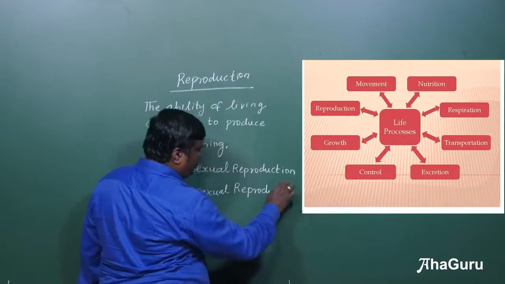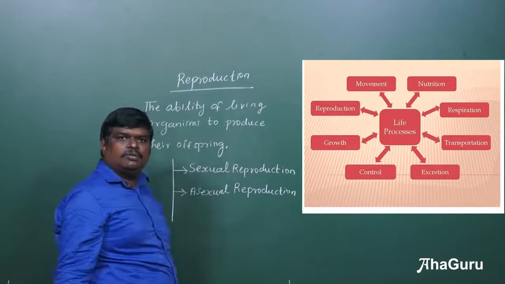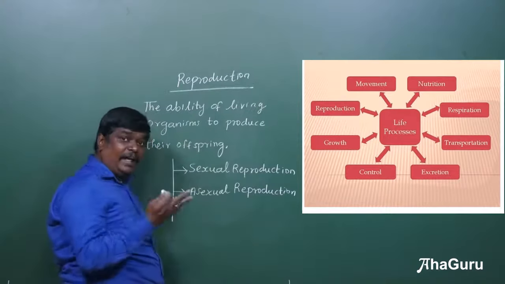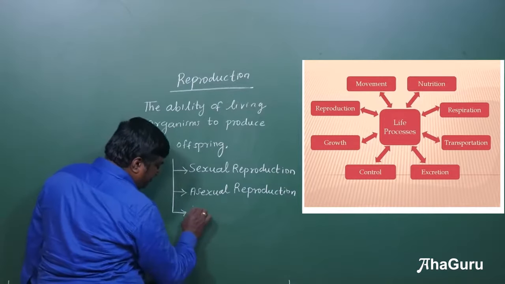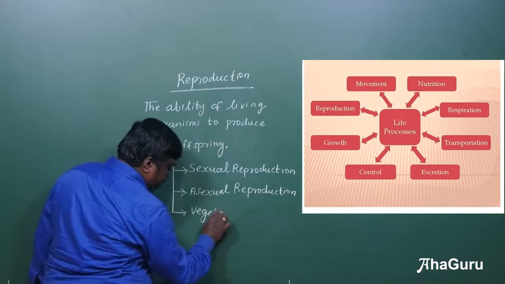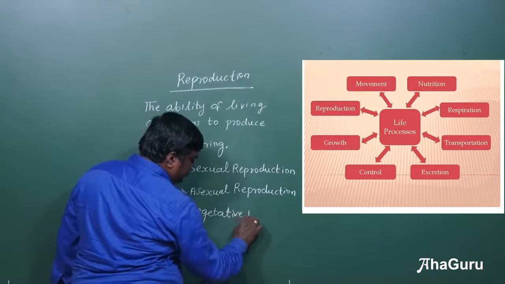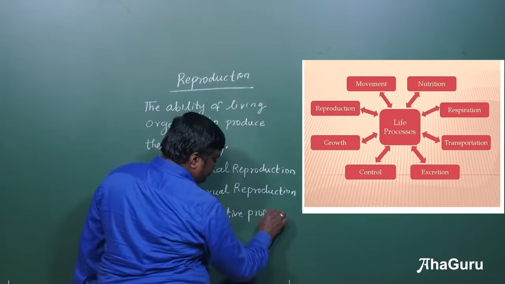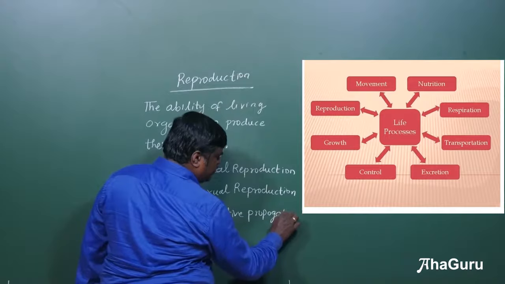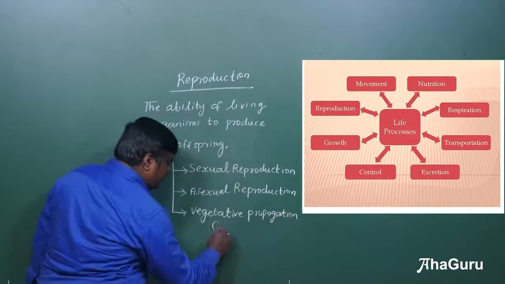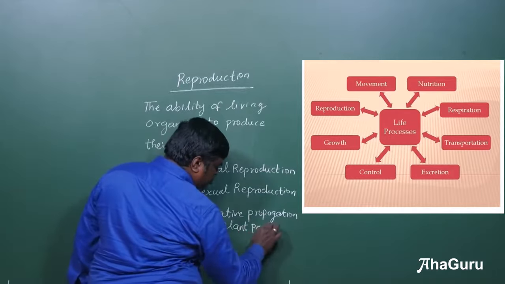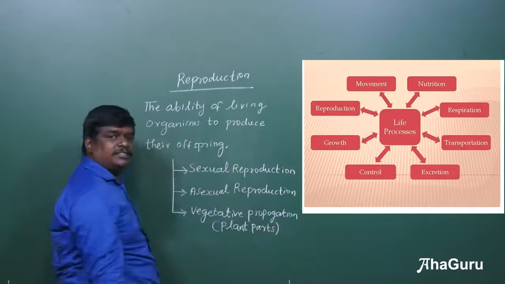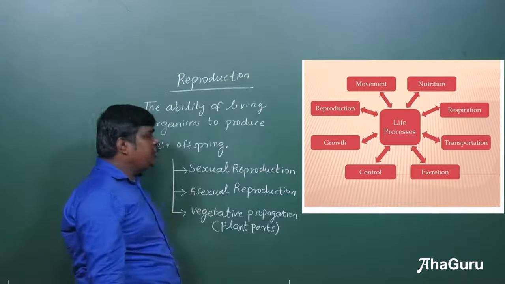The fusion of gametes does not take place. One parent is involved. Within asexual reproduction, we have vegetative propagation. Vegetative propagation means producing organisms from plant parts like root, stem, leaves, bud.